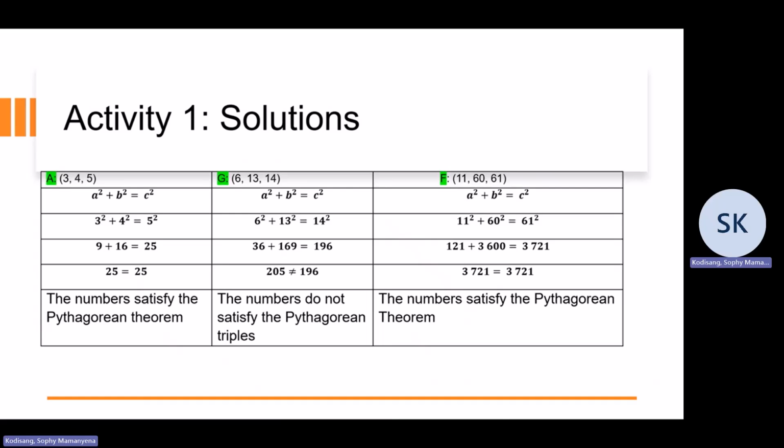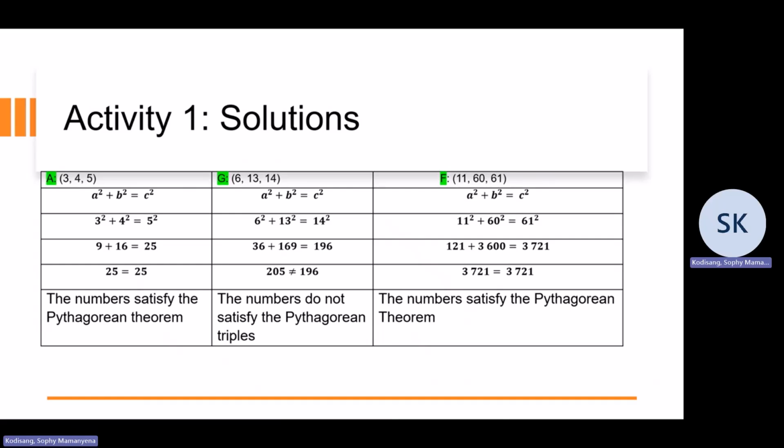Let's move to number 2. a should be substituted by 6, b by 13, and c by 14, because that is the longest side. 6 squared is 36, 13 squared is 169, and 14 squared is 196.